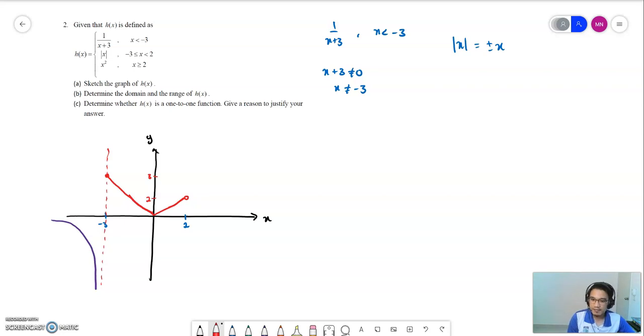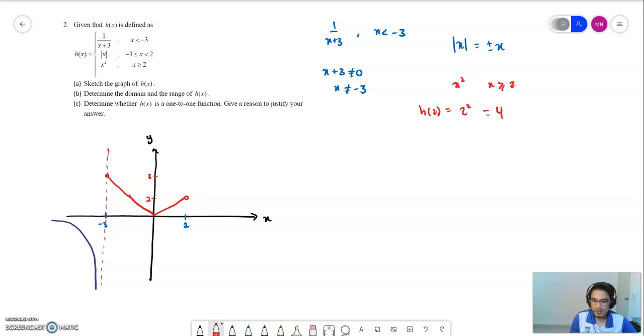modulus. And then finally we have x square, where x is bigger than or equal to 2. So it must start from x equal to 2. Let's first substitute: h(2) equals 2 square, which is equal to 4.